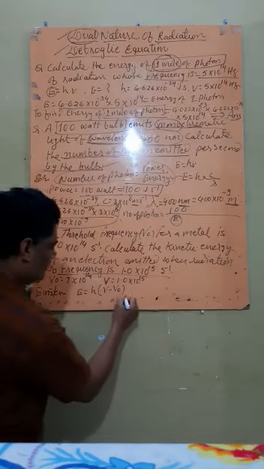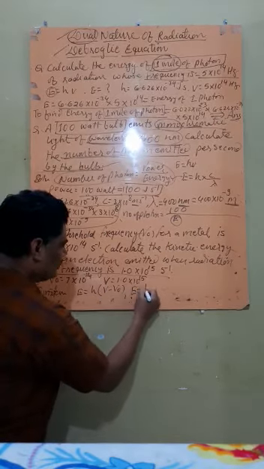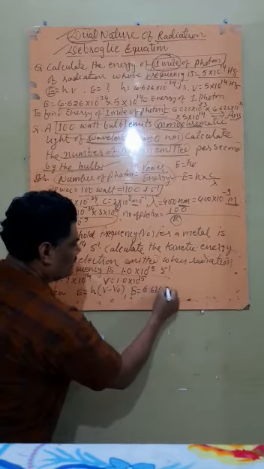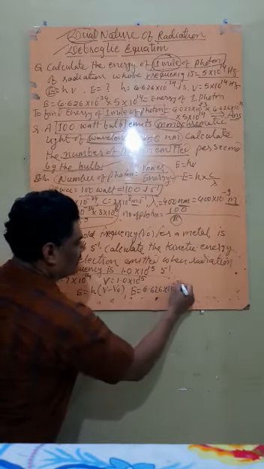Now start placing values. In place of h, you can write 6.626 into 10 to the power minus 34.